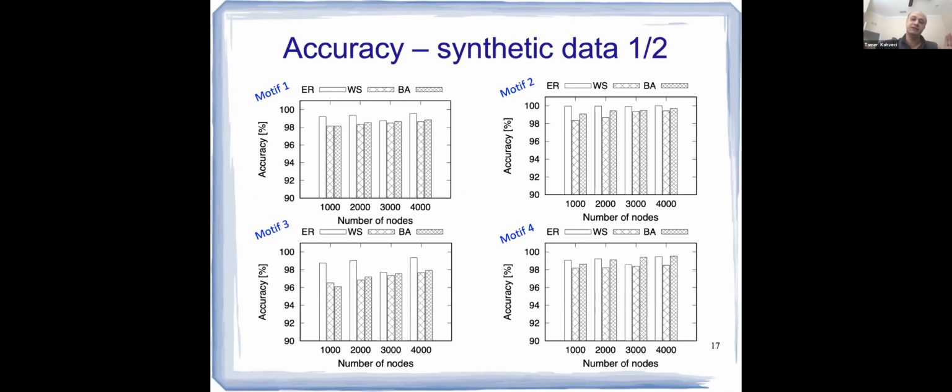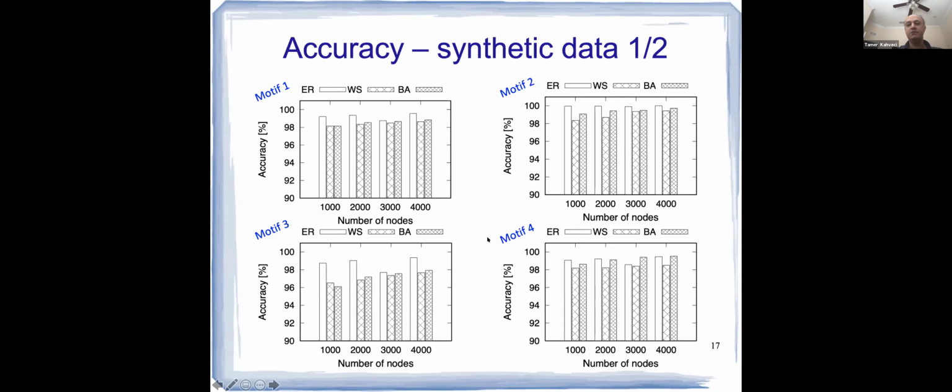Next, I'm going to show you the accuracy of our method at the most disadvantageous stage, which is the final stage. We make 1000 decisions, and some of them are heuristic decisions. How bad is our result after the network has evolved 1000 steps? How much does it deviate from the optimal result, which is calculated from scratch at the final stage? We report the results for different numbers of nodes, different network topologies, and the 4 different motifs that I showed you before.